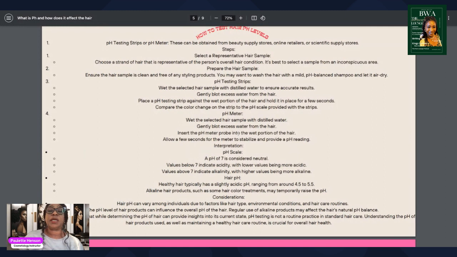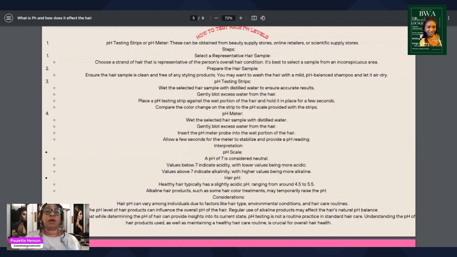Now, how do we test pH levels? There are pH testing strips or pH meters, and you can get these from places like Sally's or other beauty supplies. Basically, you want to select your client's hair sample. Make sure that the hair is clean and conditioned.